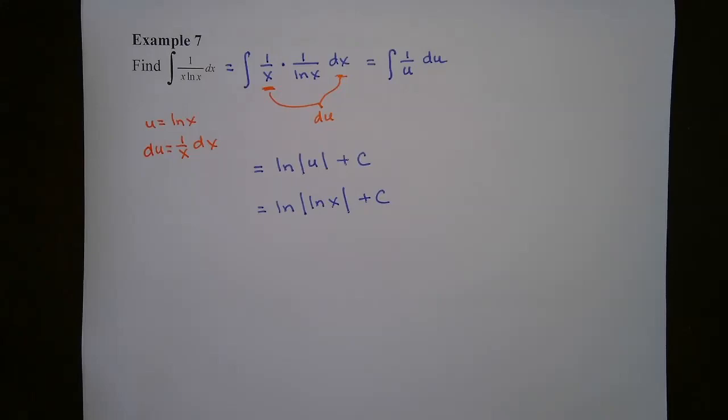What I want you to understand is a couple things you want to look at. If you have a fraction, what if you let the denominator be u? Taking the derivative of that denominator, do you pick up the numerator? That's when you want to let your denominator be your u.